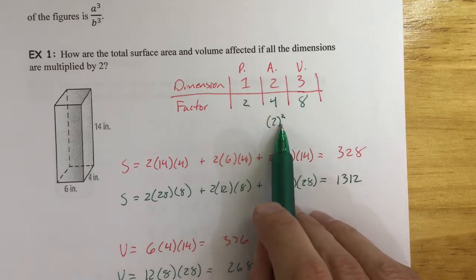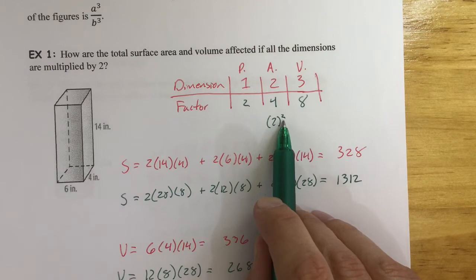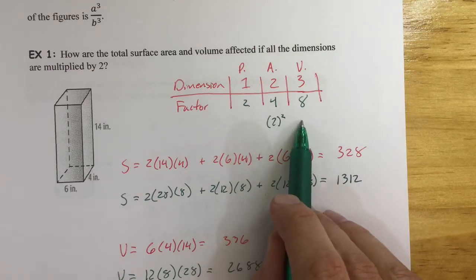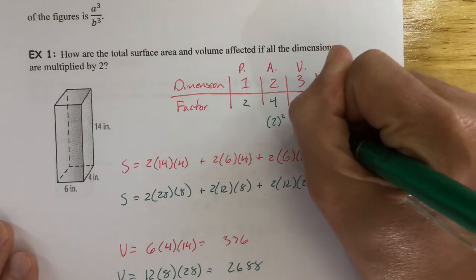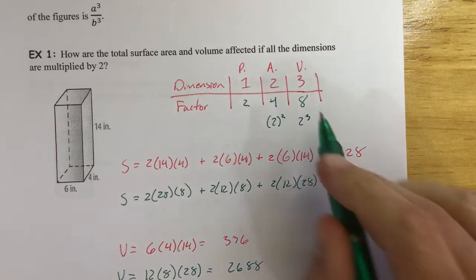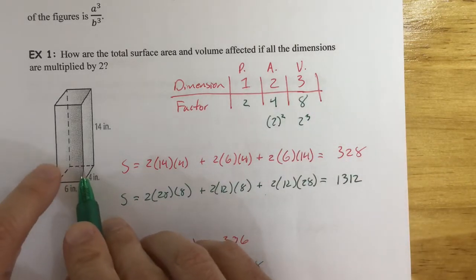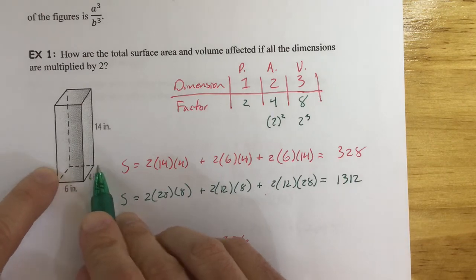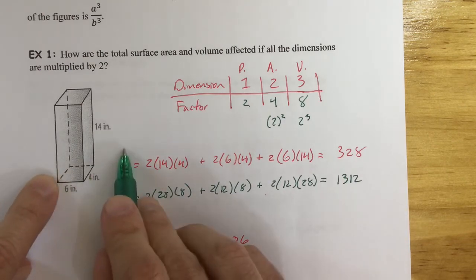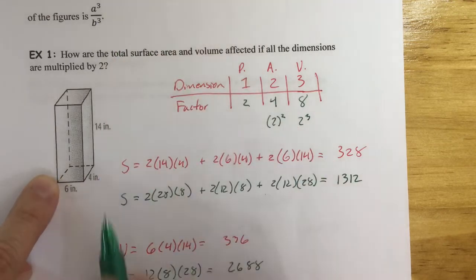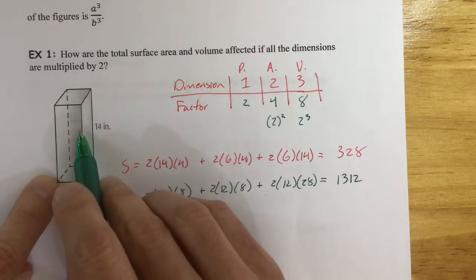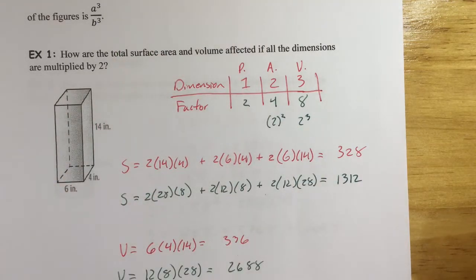It's going to become a 2 squared. That's your factor that compares it. Your volume gets magnified even more. It's going to be 2 cubed, 2 to the 3rd power, which means 8 times the volume. So when this figure becomes its larger version, 12 by 8 by 28, it would actually take 8 of the little ones to make the larger one.